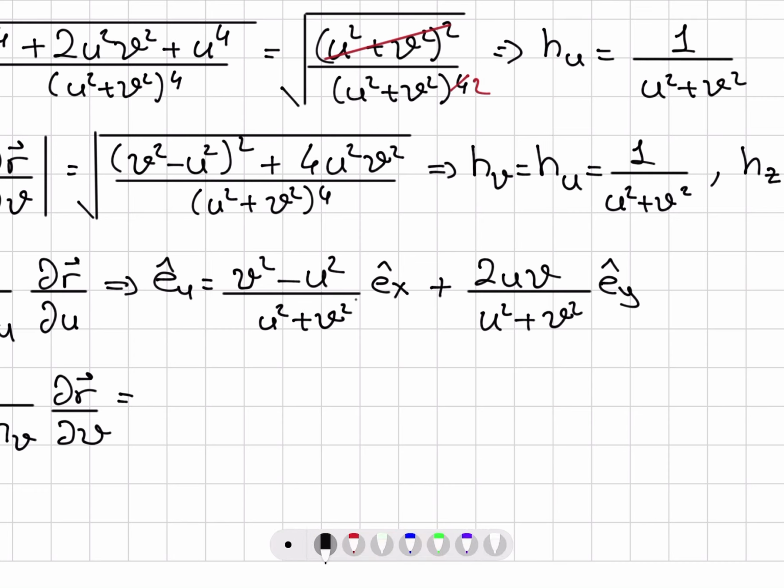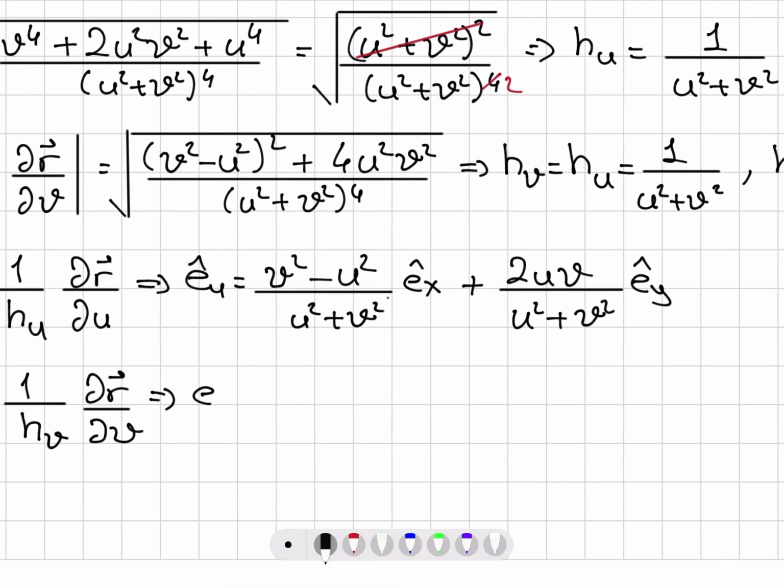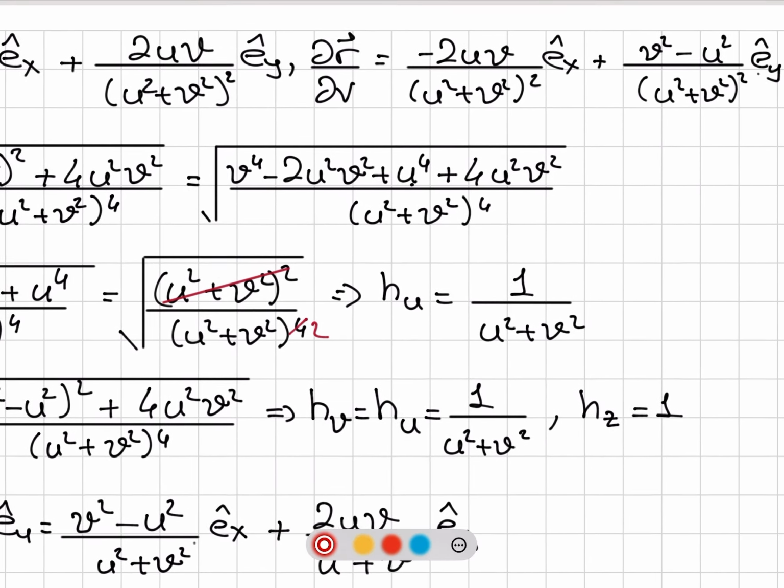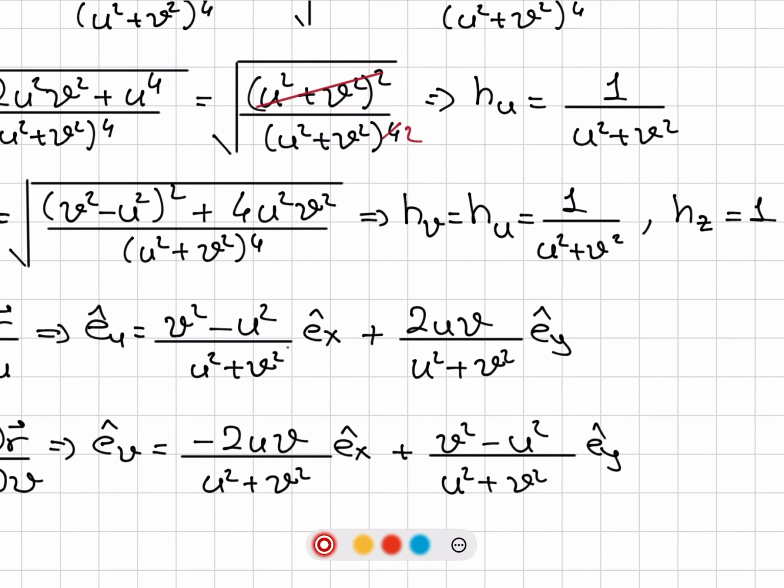Therefore, my unit vector E sub V hat will be minus 2UV divided by U square plus V square in EX hat direction, and then V square minus U square divided by U square plus V square in EY hat direction. Basically, that is this guy multiplied with U square plus V square.